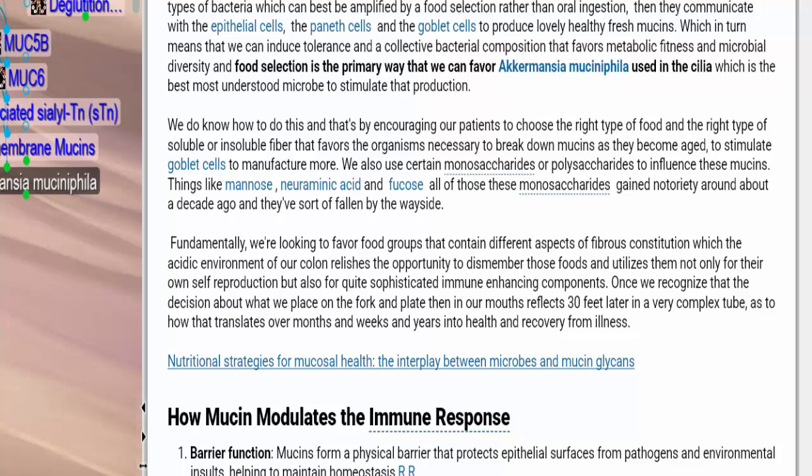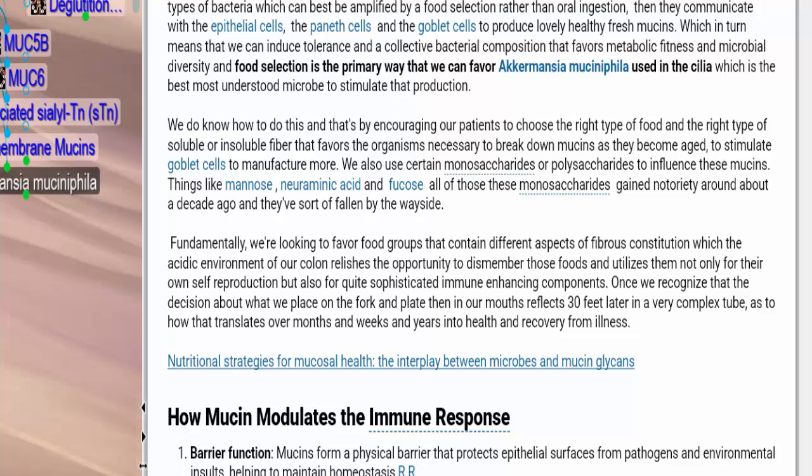We also use certain monosaccharides or polysaccharides to influence these mucins, things like mannose, neuraminic acid, and fucose. Those are all hyperlinked, so you can click on them and see what they are. All of these monosaccharides gained notoriety around a decade ago, but they've sort of fallen by the wayside.